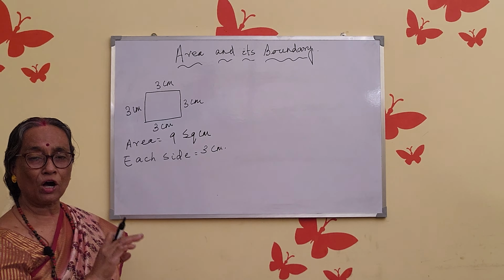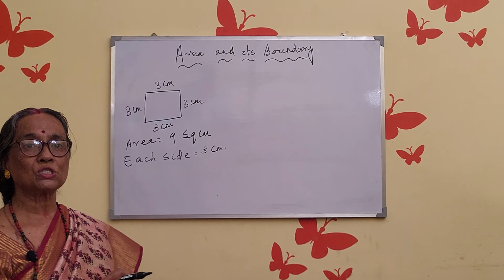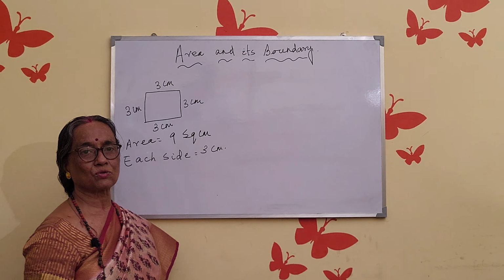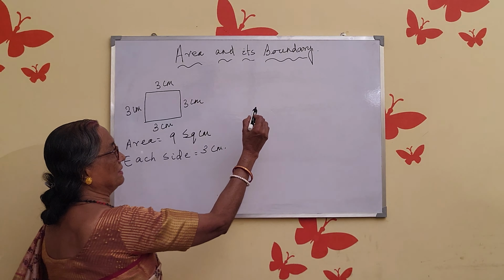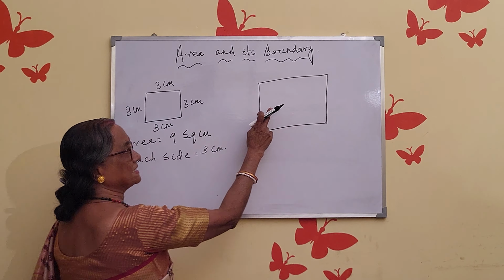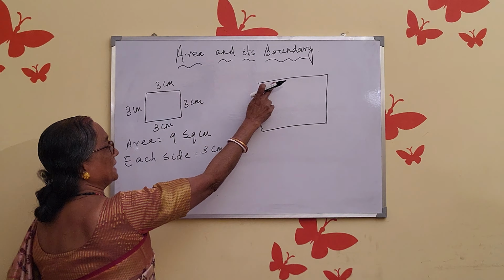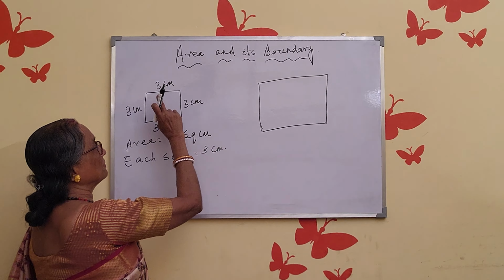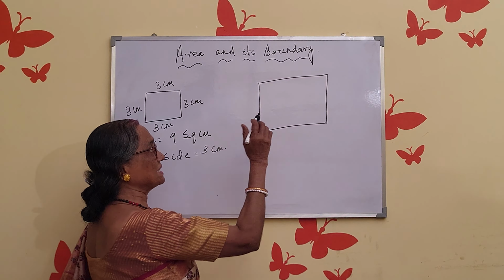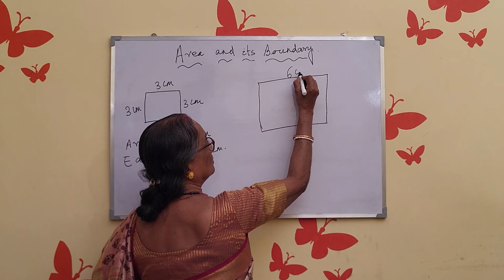Okay, now draw another square whose side is double of this side. Now, what is the length of that side? This is another square whose side is double of this side. Therefore, what is the double of 3? Double of 3 is 6 centimeter.